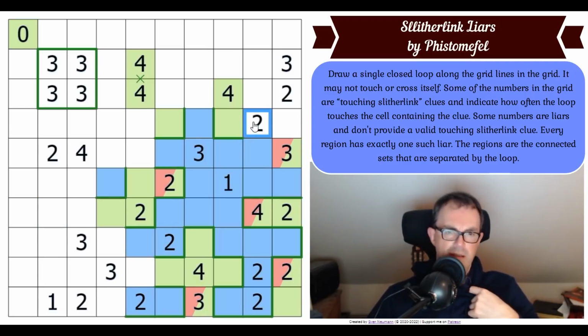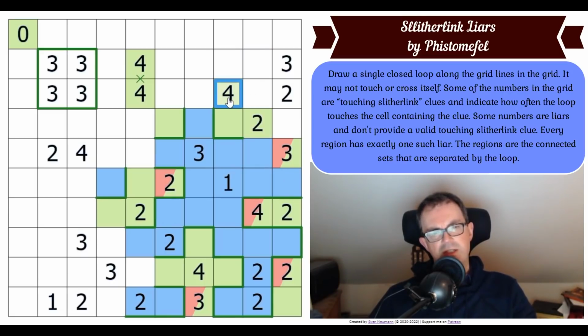Now, if that's green, doesn't that imply that's a true... That's got to be a true clue. Let's just think about that for a moment. If that's green, because it's connecting this and this in the same region, again, because otherwise if this is blue, we've got a loop here touching this loop at a point, which is not going to work.